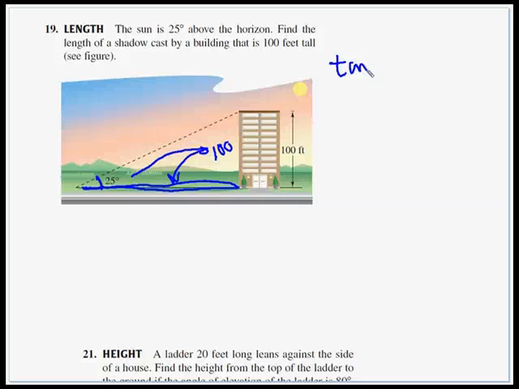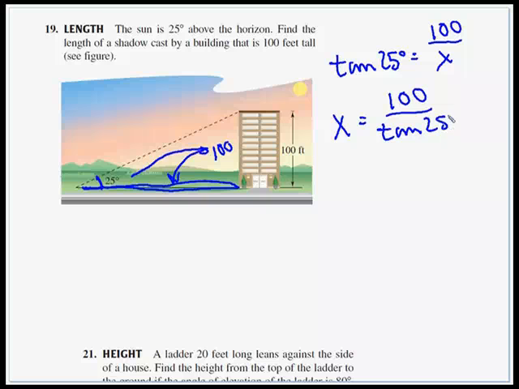The tangent of 25 degrees equals opposite 100 over our adjacent side, let's call it x. If we solve for x, we get x equals 100 divided by the tangent of 25. On the calculator, 100 divided by tan 25 equals approximately 214.45 feet.